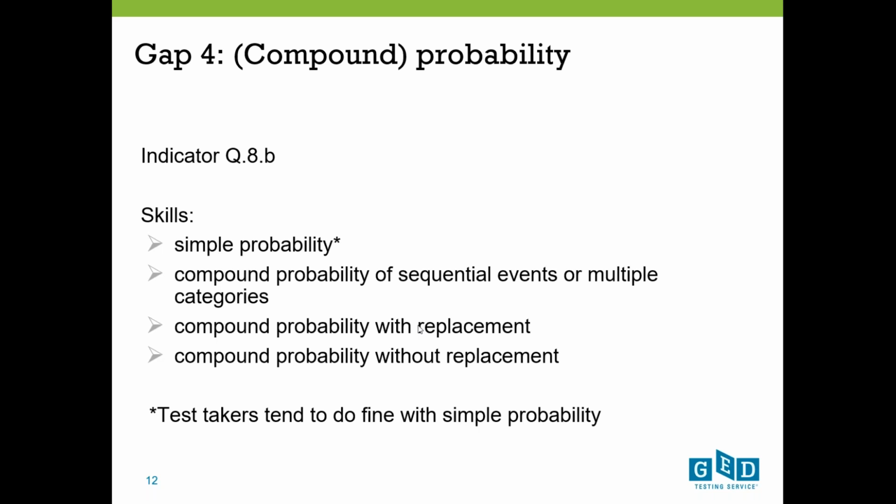Basically, there's 4 concepts in Q8B, which basically covers all probability on the GED math test. And I'm not going to read them out, but I will call your attention to the asterisk on simple probability, which test takers tend to do fine with.